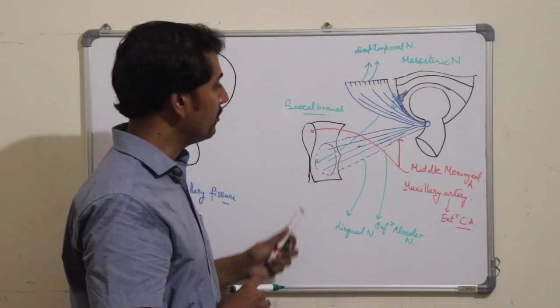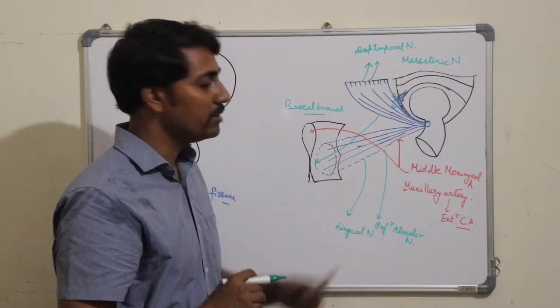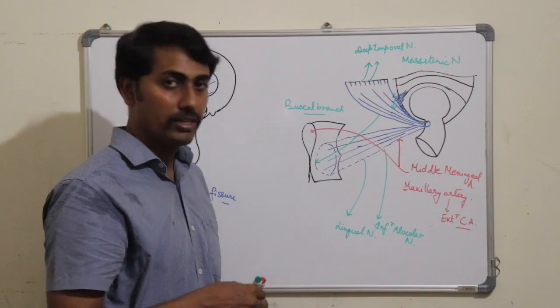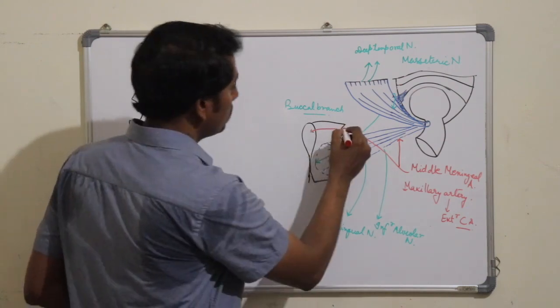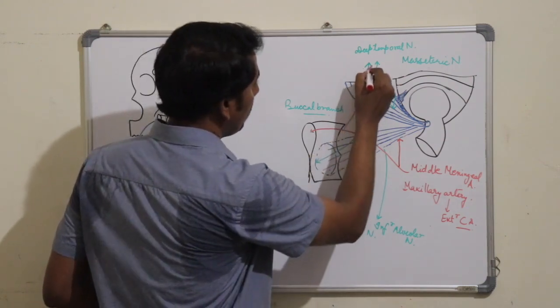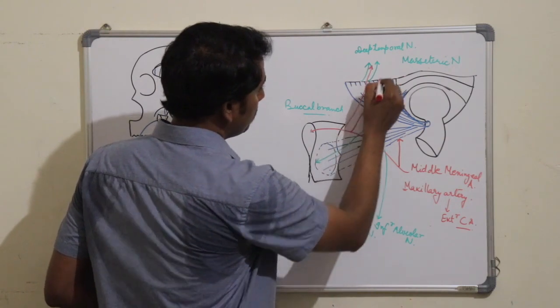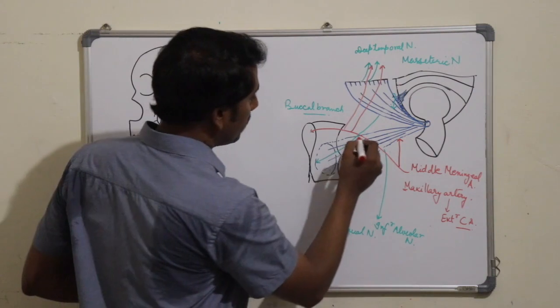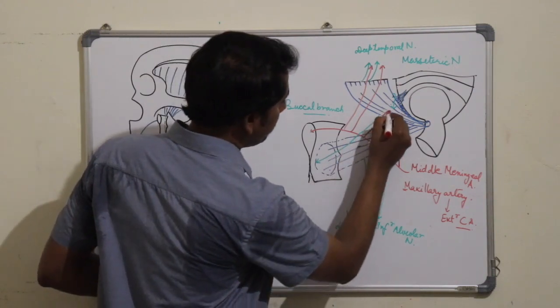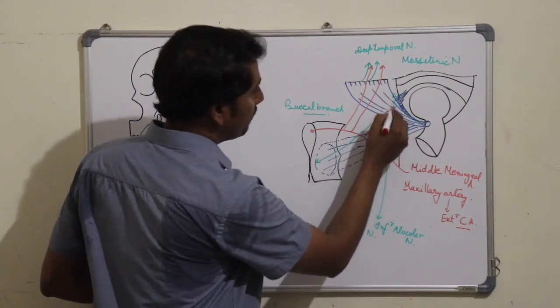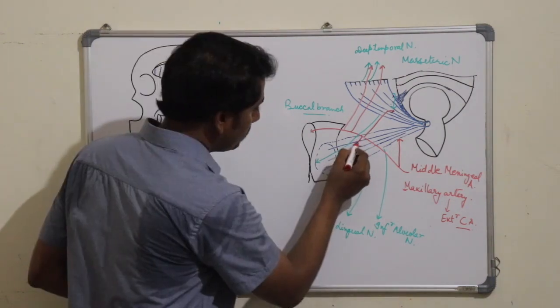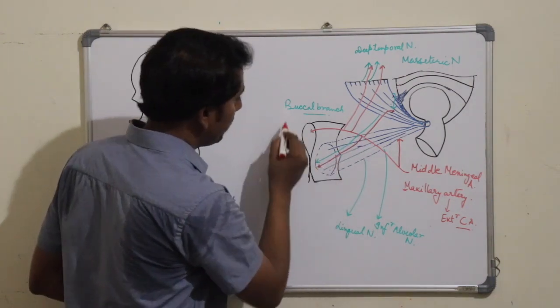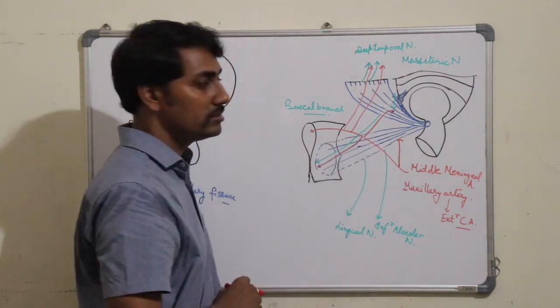In this diagram, we can make the other branches of the maxillary artery also. So let us draw them also. So these were the deep temporal arteries, which are accompanying the deep temporal nerve. And this is the masseteric artery, which is accompanying the masseteric nerve. This is the buccal artery, which is accompanying the buccal branch.